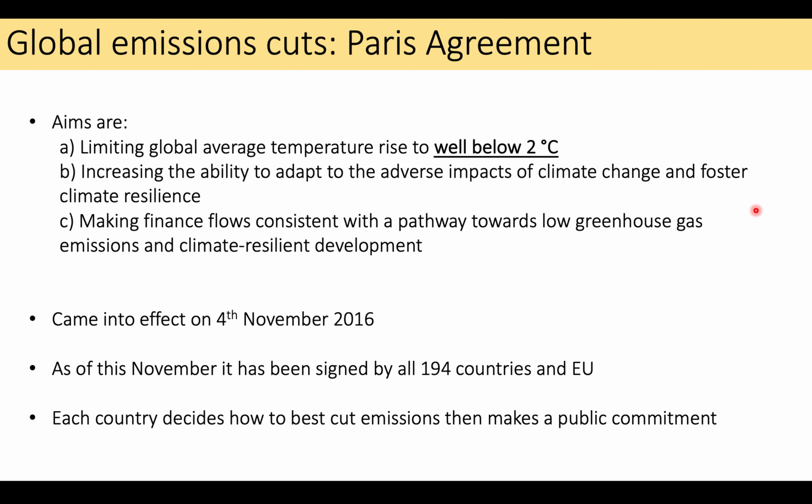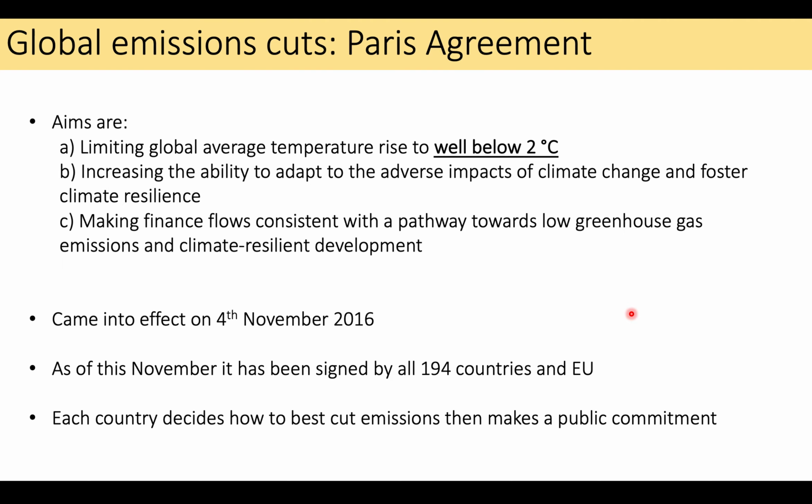So this came into effect in November of 2016. Oh, it was 194 countries. So it was signed by 194 countries and the EU. So it's cool because it leaves some freedom. So each country gets to decide how they're going to cut their emissions.